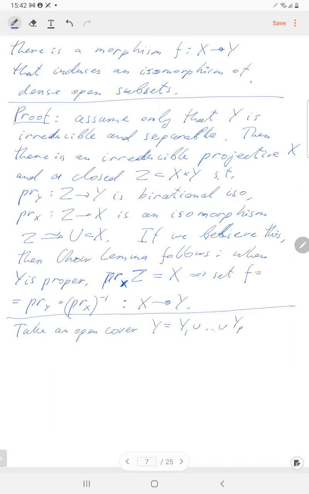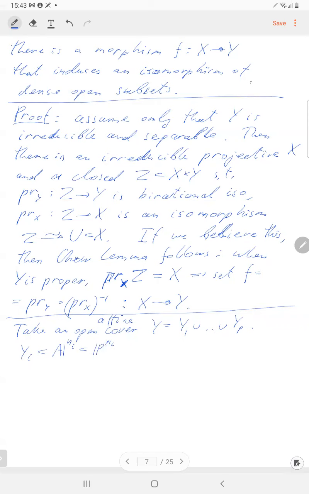Okay, so we take an open affine cover like this, and then Y_i lies in some affine space, whatever, A^{n_i}, and it lies in the projective space P^{n_i}.